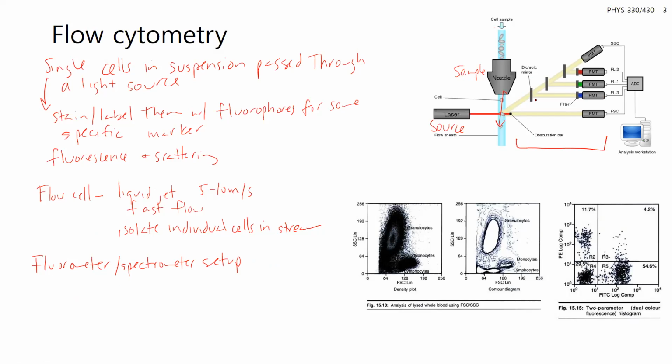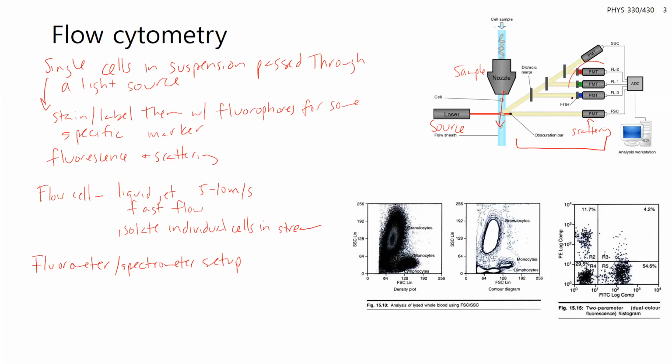So it has all of the dichroic mirrors and filters that we've talked about back in the fluorescence lecture. You can see in this schematic that this photomultiplier tube is right in line with the direct beam. So this will be looking at the scattering of the light, while there should be a mirror over here as well.